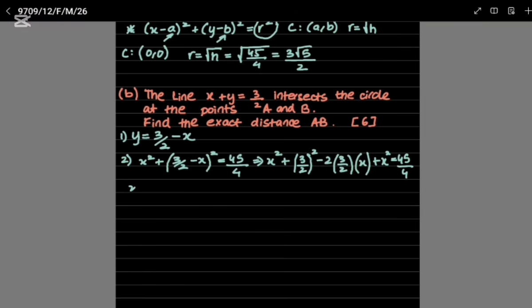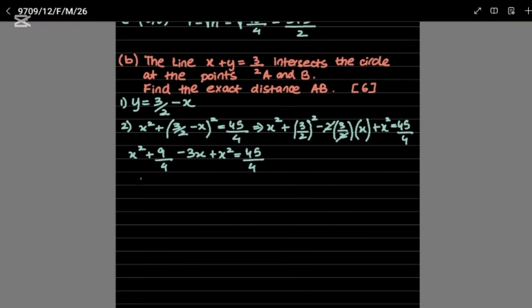Okay, so x squared plus 9 over 4, 2 and 2 cancel out over here, so minus 3x plus x squared is equal to 45 over 4.